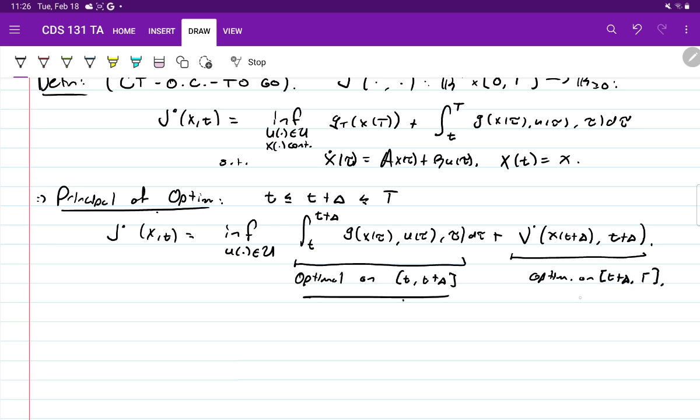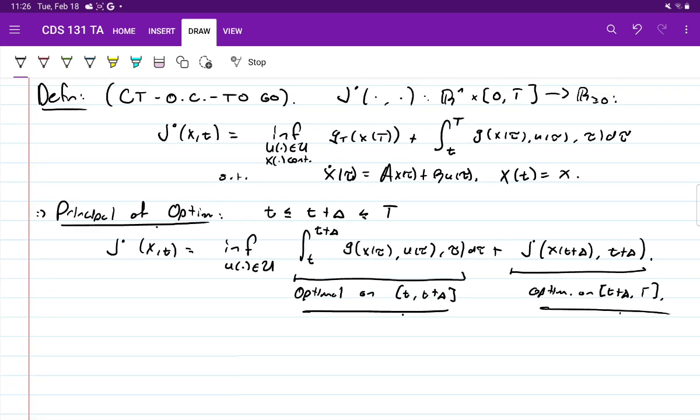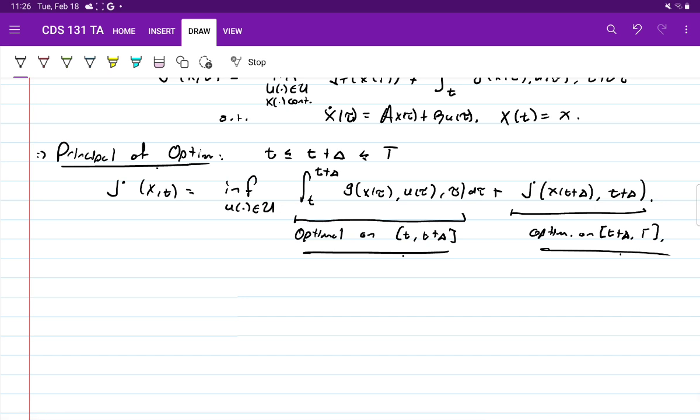So we still have the same sort of idea as before, even though we're now in continuous time: if you have something that's optimal from t all the way until the end, then that also needs to be optimal for every single subproblem. And that's where this J star from t plus delta comes in. It tells us that whatever we're doing from t until the end needs to be optimal from t plus delta until the end. So this is the continuous time principle of optimality.